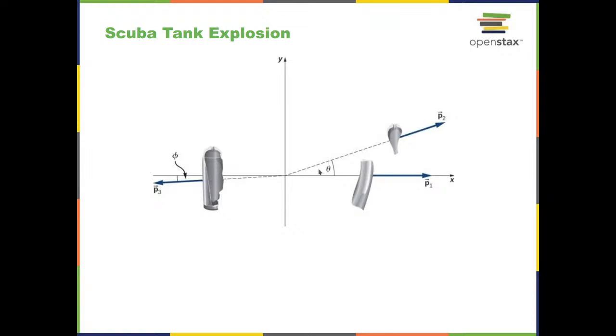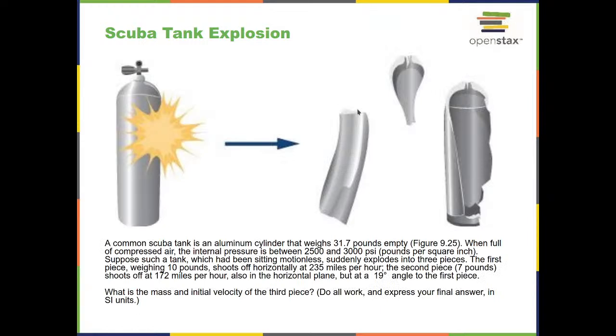And of course, we can already approximately say that if 2 pieces fly off in the mostly positive x direction, then the 3rd piece will have to fly off into the negative x direction. And why is that the case? Because we know that the total momentum of those 3 pieces will have to be equal to the total momentum of the scuba tank before explosion, which is a total momentum of 0, right? Everything's at rest, so whatever mass this has, the product of mass times velocity will be 0.